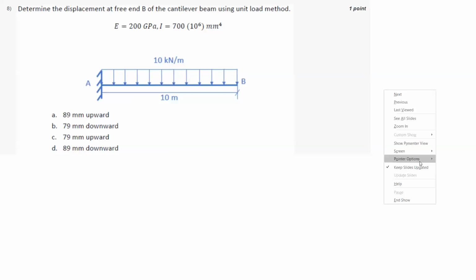If we go by the conjugate beam method, we have to find the moment at B, so MB we have to find. One end is fixed, so this becomes free in the conjugate beam, and this free end becomes fixed in the conjugate beam. In the conjugate beam, we have to find the value of MB.